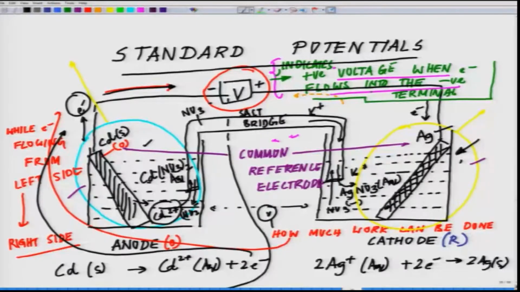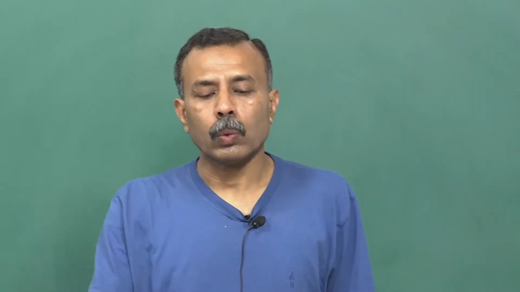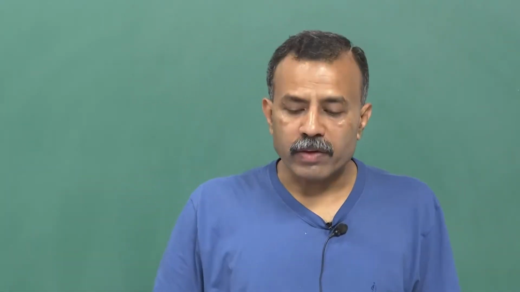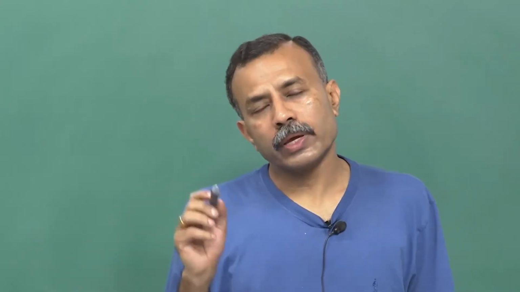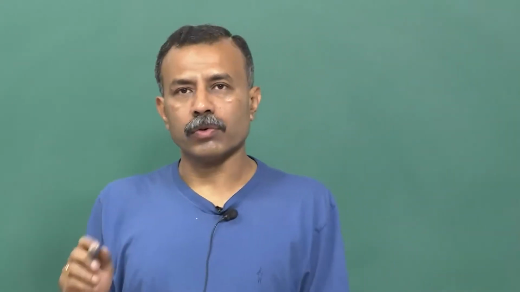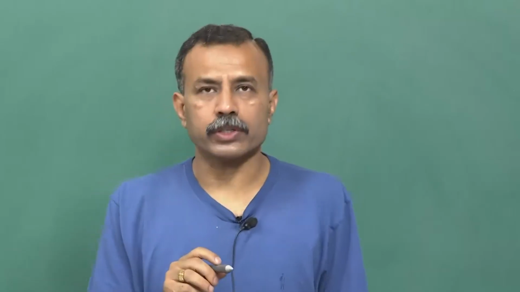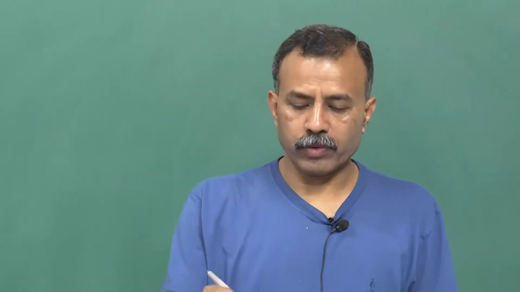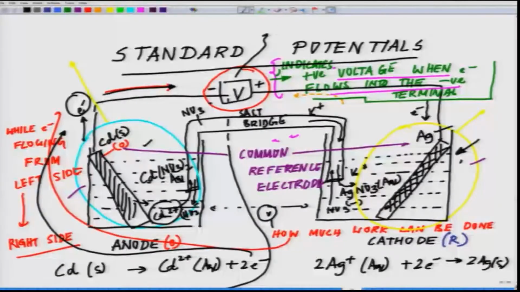Now, in this situation where we calculate the standard potentials of cadmium as well as silver, what will be the driving force? Could we calculate the total driving force here? Because if you remember, we never gave any value of E here.